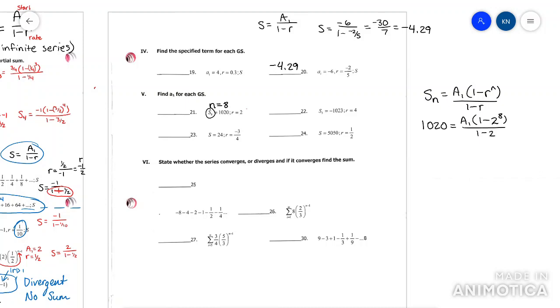So it would look like this. The way I solve this is, I usually take care of this part first. This is -1. Now cancel it by timesing by -1 on both sides of the equation. So you got -1020 equals A1 times 1 minus 2 to the 8. We'll go get a value for 1 minus 2 to the 8. 1 minus 2 to the 8 is -255.